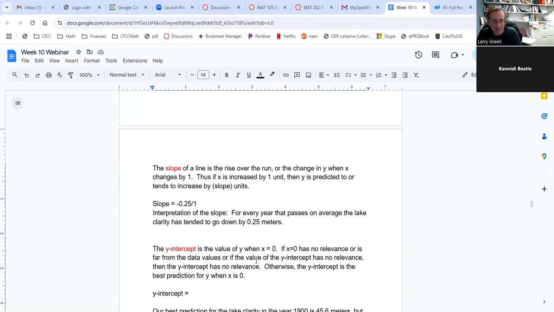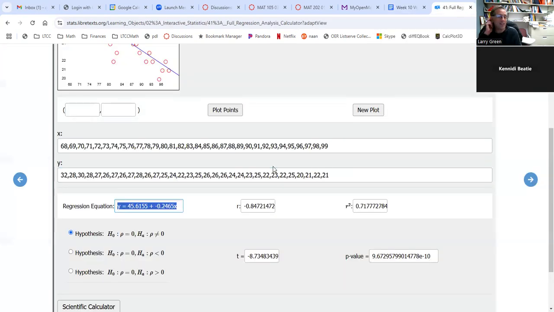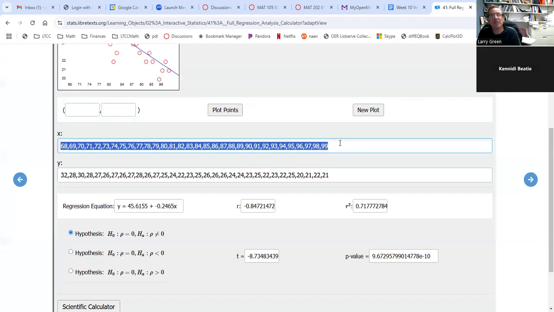Okay, so let's look at this. Notice that if x equals 0 is far from the data values, in this case, x equals 0. Are there any x values anywhere close to 0?